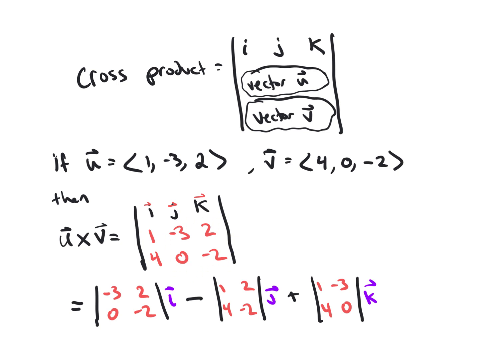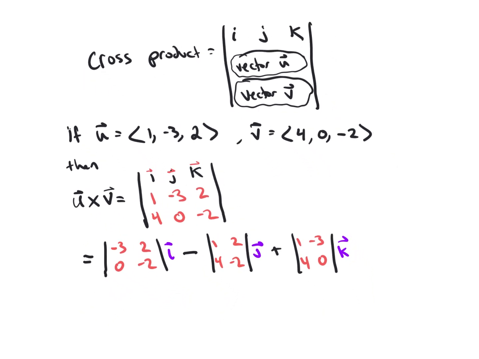For j, I block off the middle column and the top row, the ones involving j, and what's left over is the 1, the 2, the 4, and the -2. Then for k hat, block off the right column and the top, and I'm left with the 1, -3, 4, 0. Okay?